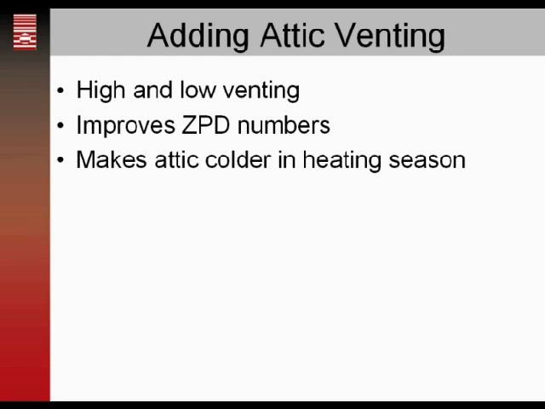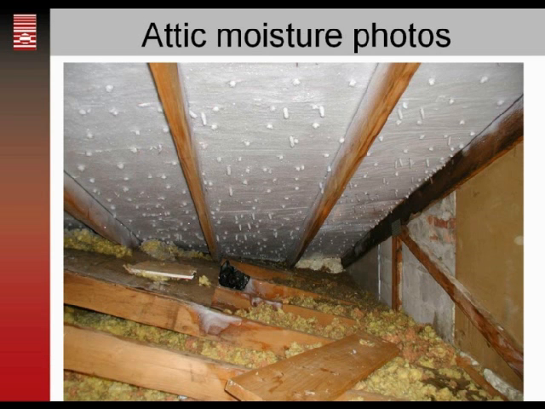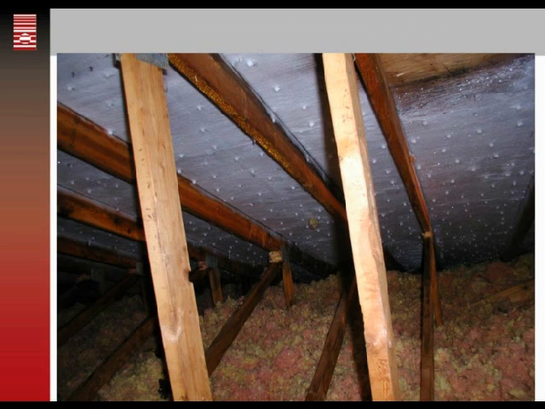Adding attic venting can improve zone pressure diagnostic numbers. It will also make attic spaces colder during the heating season and can lead to a whole other set of issues. If you don't seal bypasses and you add additional venting to an attic space, you can be causing problems that weren't there before.